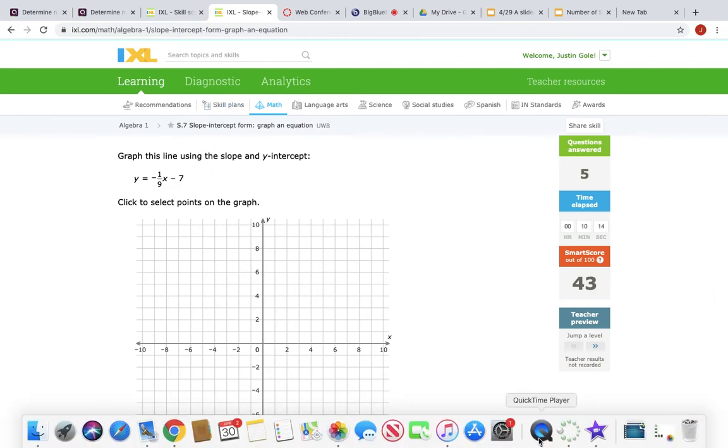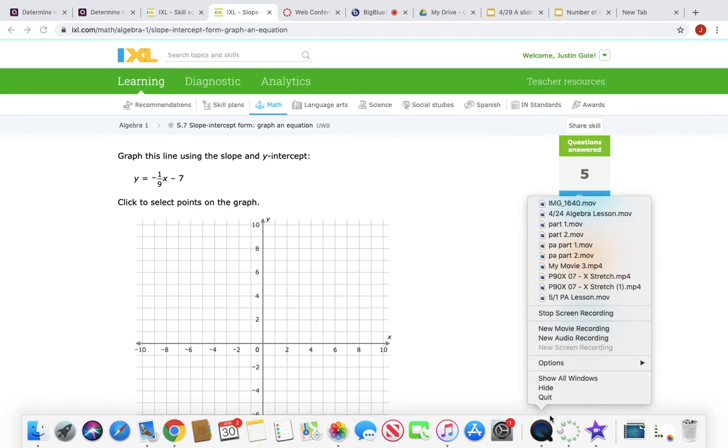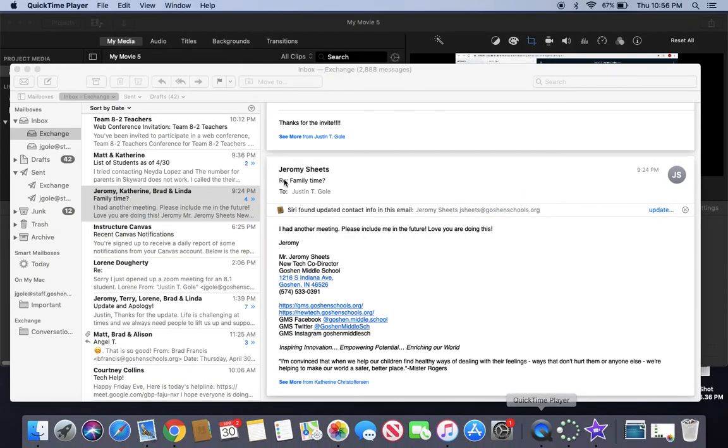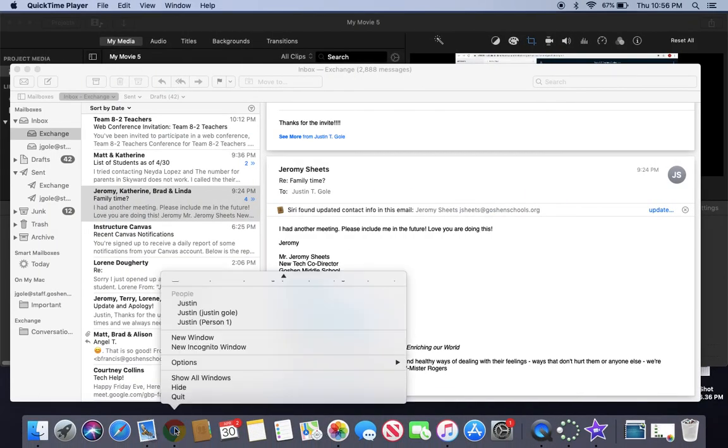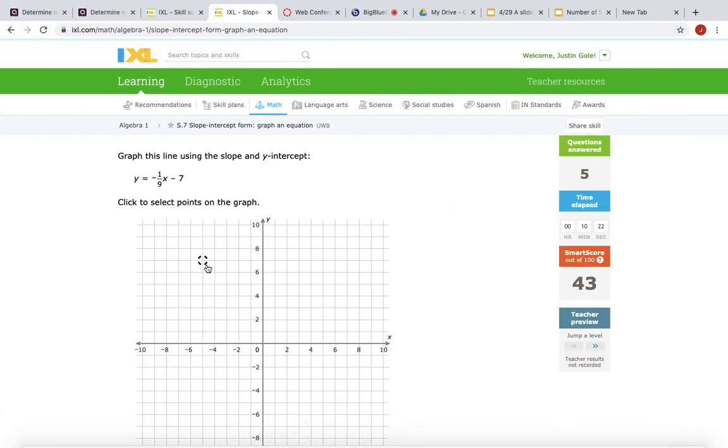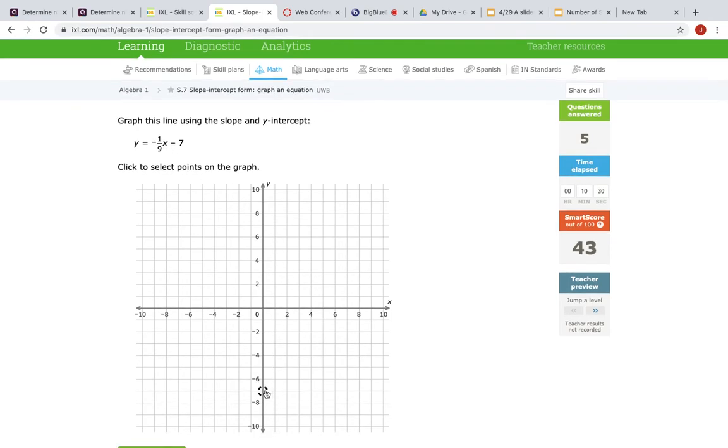All right. So, just continuing on real quick here, we have y equals negative 1 over 9x minus 7. I'm going to look for my slope. I have a negative slope and a negative y-intercept. So I know I'm going to be going downwards.